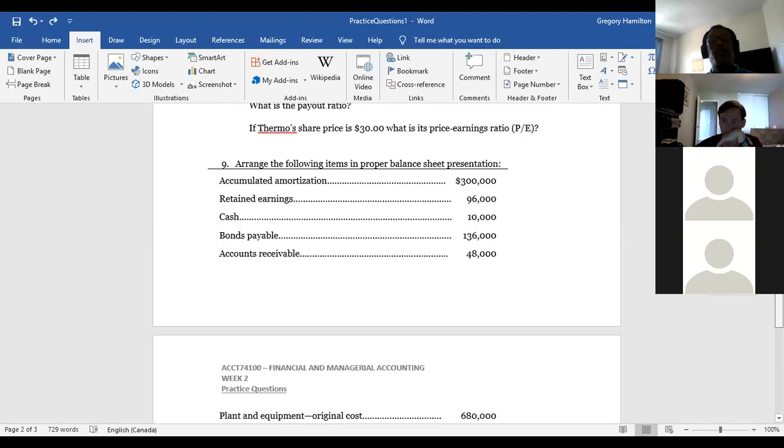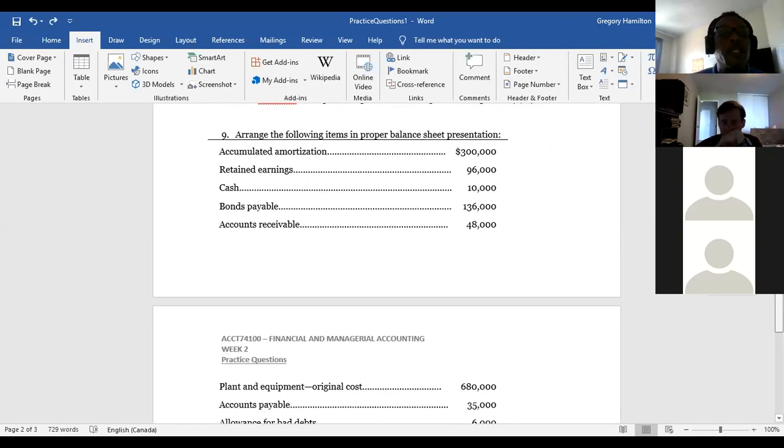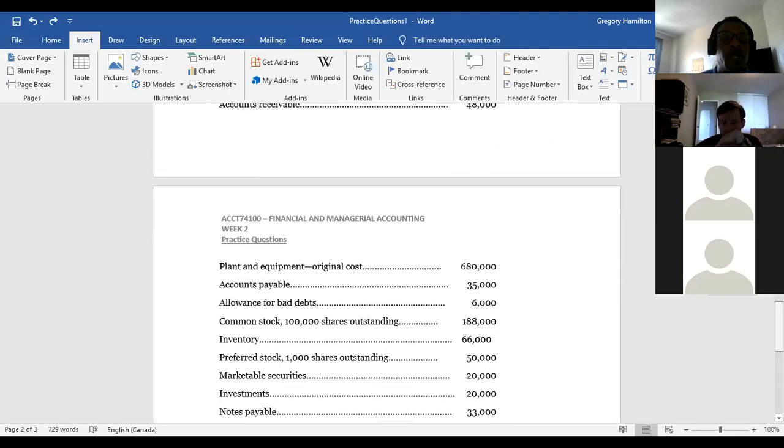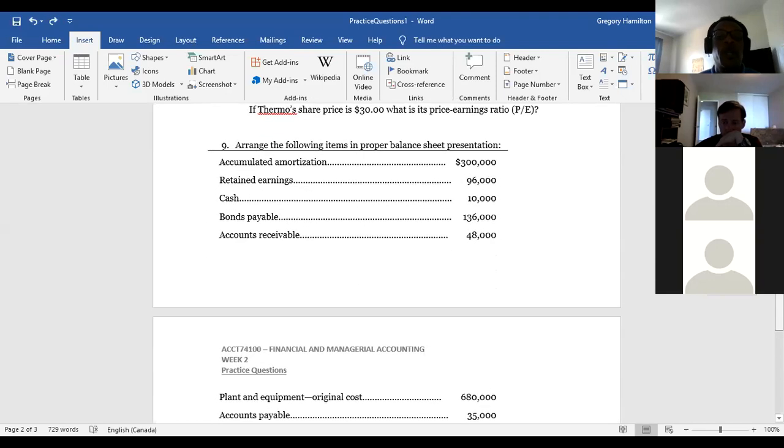It says arrange the following items in proper balance sheet presentation: accumulated amortization, retained earnings, cash, bonds, accounts receivable, plant and equipment. All right, so let's go through this quickly and identify what we think it is and where it is going to go. So where would amortization go?